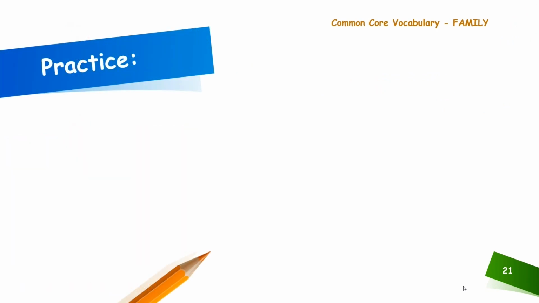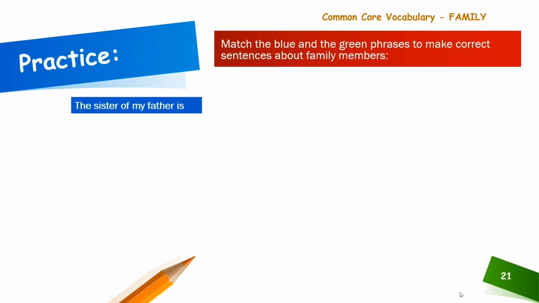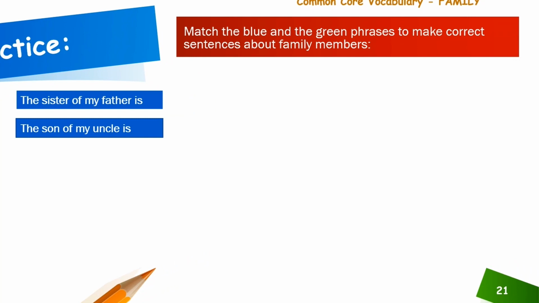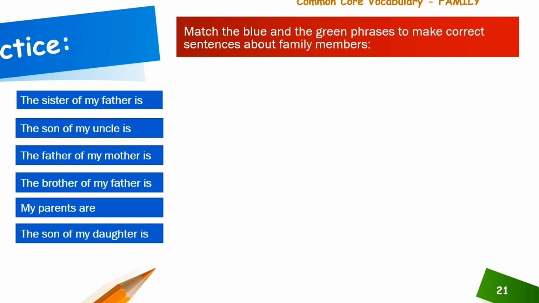Now let's practice with what we have just learned. Match the blue and the green phrases to make correct sentences about family members. The sister of my father is, the son of my uncle is, the father of my mother is, the brother of my father is, my parents are, the son of my daughter is, the mother of my cousin is.